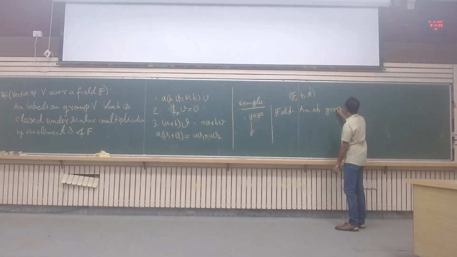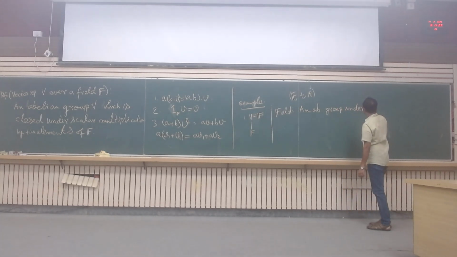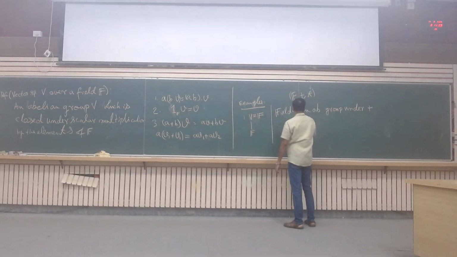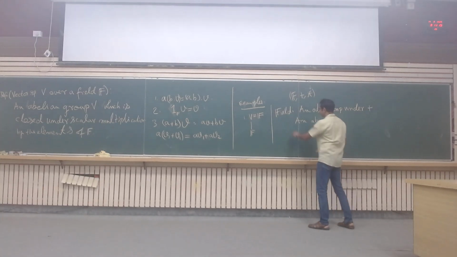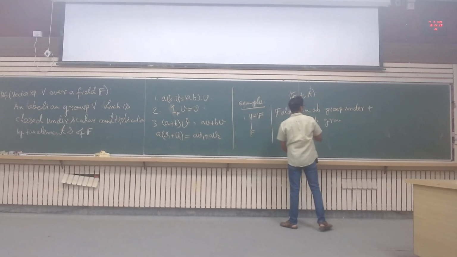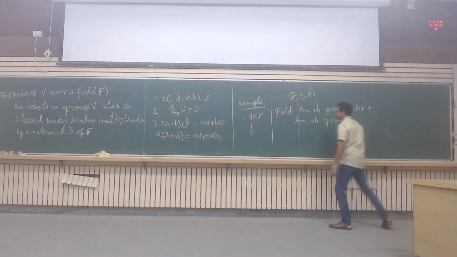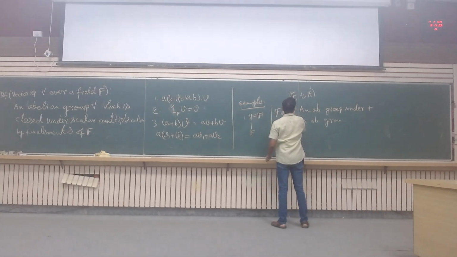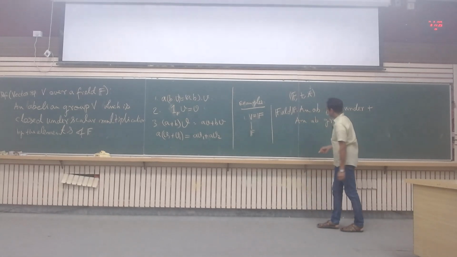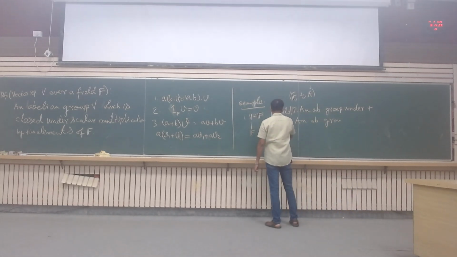So an abelian group under addition and an abelian group as well under multiplication. Here, which one is an abelian group under addition? That is F. So the field F is an abelian group under addition, and also if you throw away 0 from there, you denote it by F star.